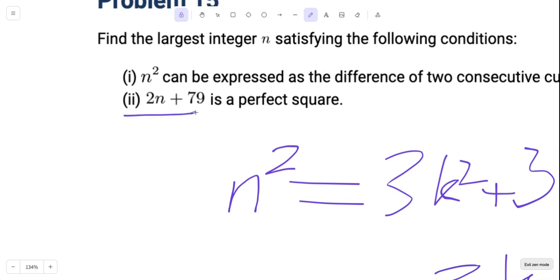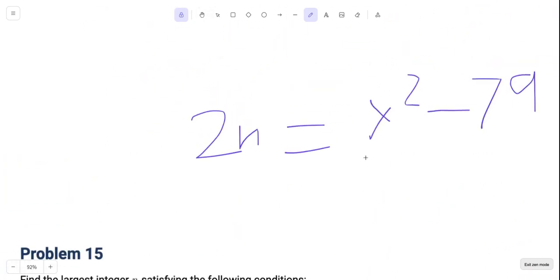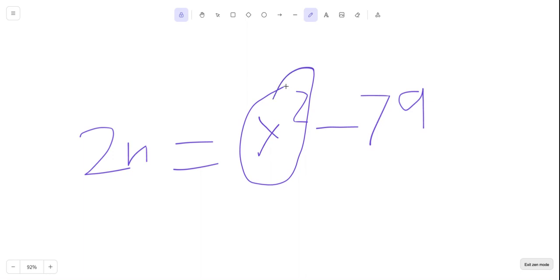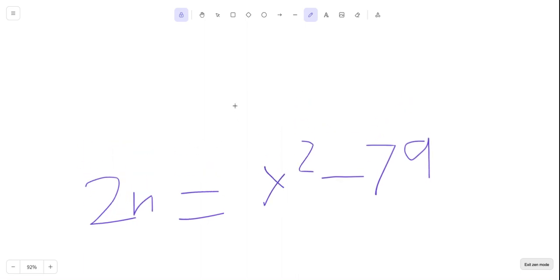So this in total cannot be divisible by 4 either, and therefore x squared cannot be divisible by 4, and in turn x is not even, so x is odd.